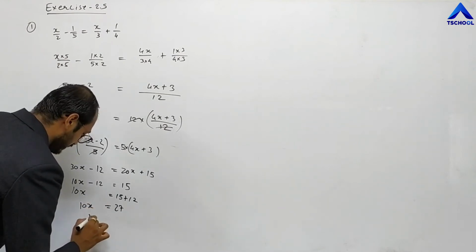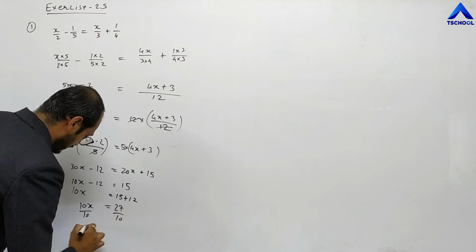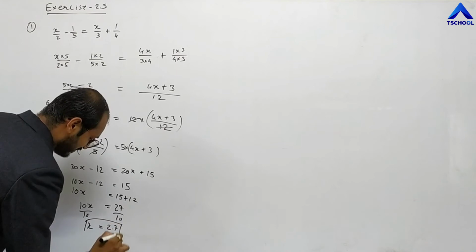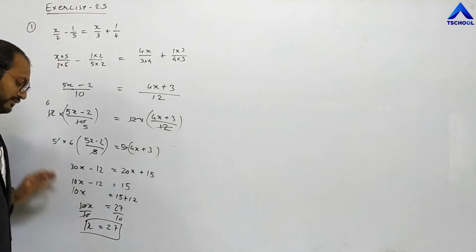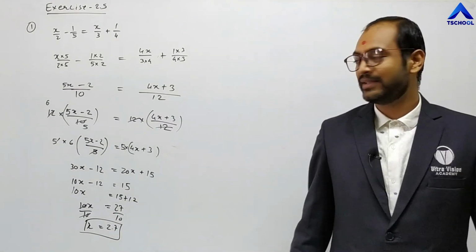So what is x? By dividing by 10 on both sides, x equals 2.7. Here we got the value of x.